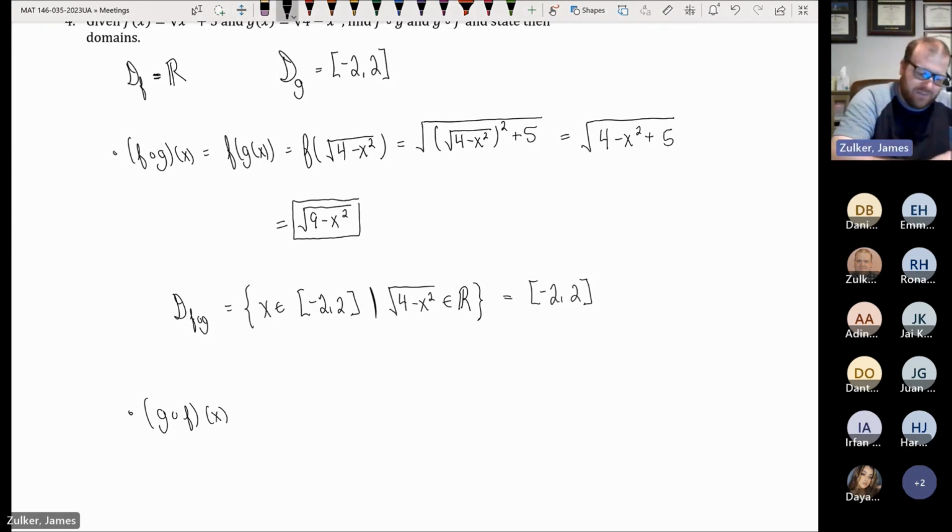Now we want G composite with F. That is G of f of x. That'd be G of the square root of x squared plus 5.